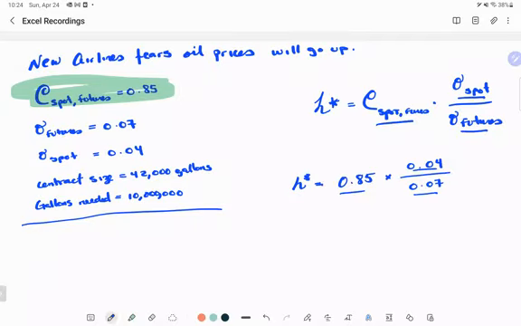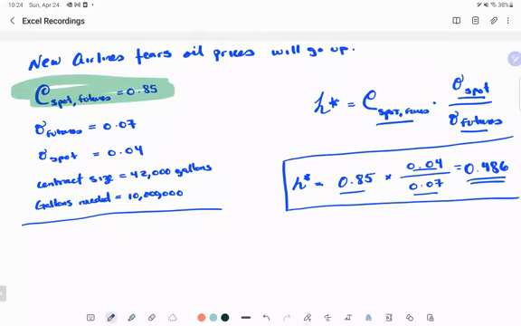Once we have that, if you do this quick calculation, we will realize that we end up with a hedge ratio that is 0.486. Let me write this again so it looks clearer. Let's round it: 0.486.